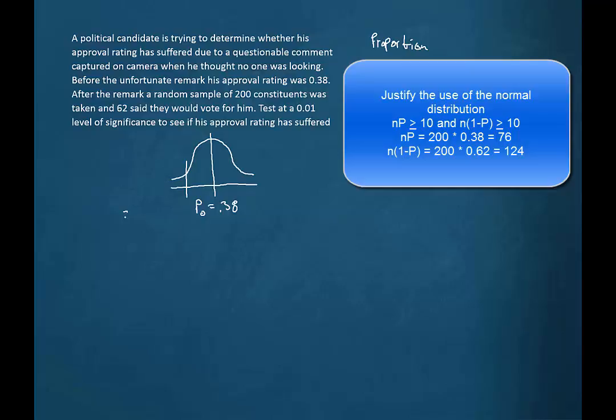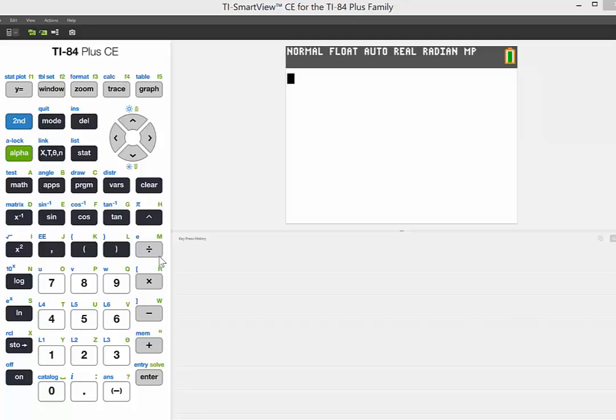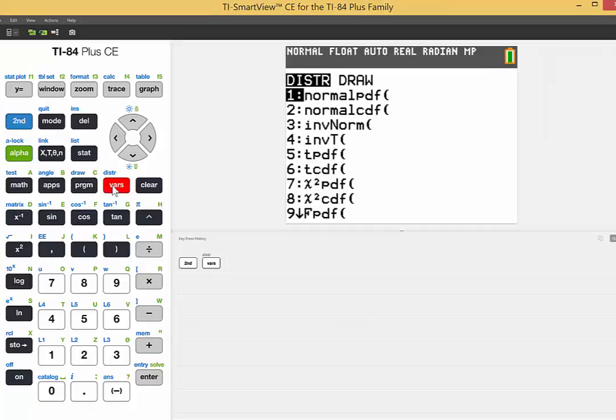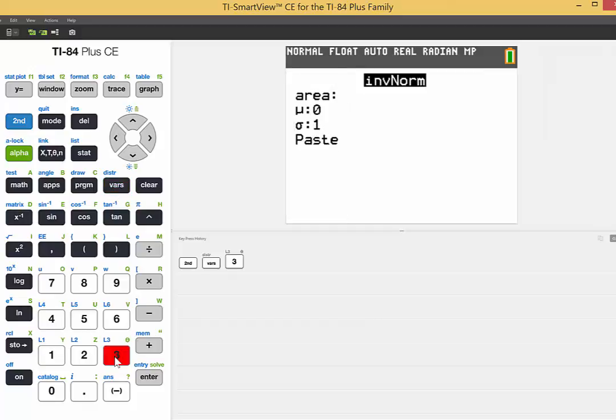So we would need a critical z-value, which we could get from StatCrunch or a table or the TI-84 calculator. If we use the TI-84 calculator to find the critical z-value, we'll do that by pushing second, variables, distribution. And what we want is the inverse normal distribution, so we'll click 3. The area is 0.01.